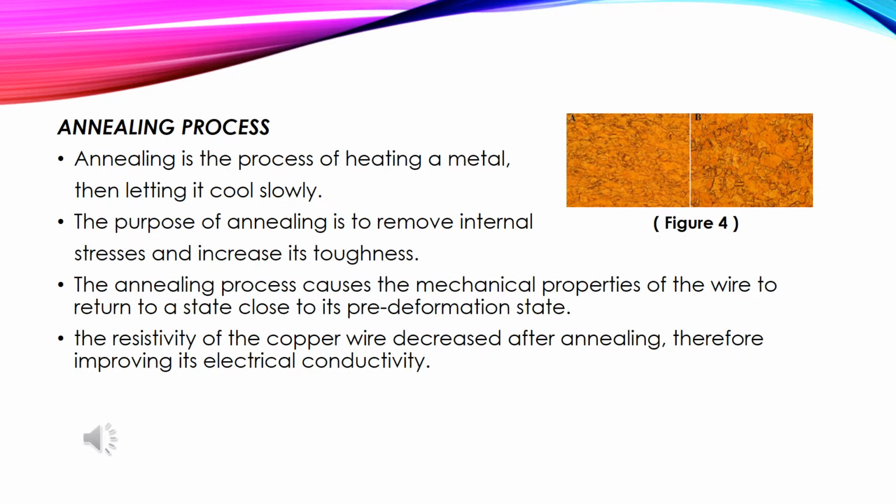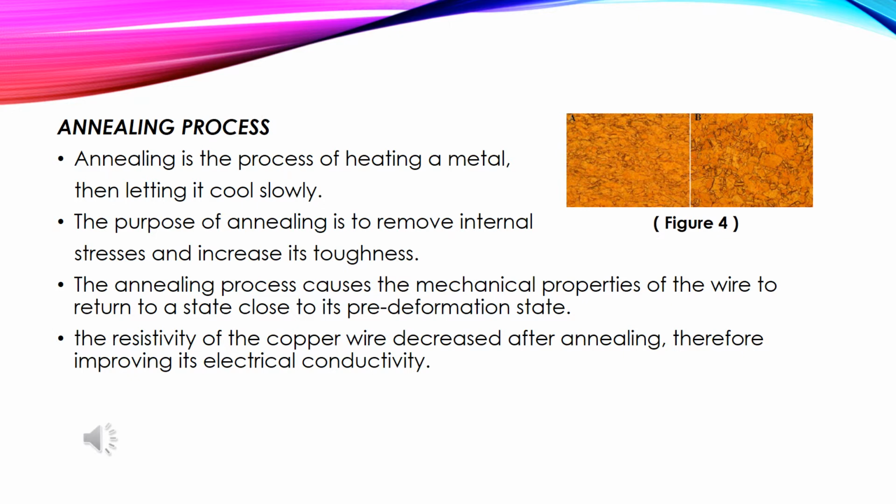Next, annealing is the process of heating a metal then letting it cool slowly. As we can see in figure 4, the microstructure of copper wire after deformation and isothermal annealing is shown, 9 minutes in A and 30 minutes in B. So the purpose of annealing is to remove internal stresses and increase toughness.